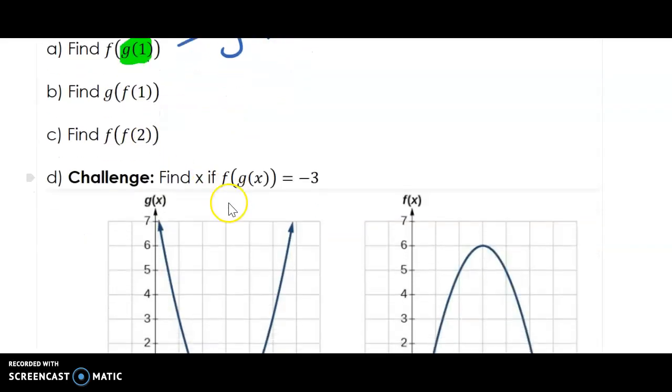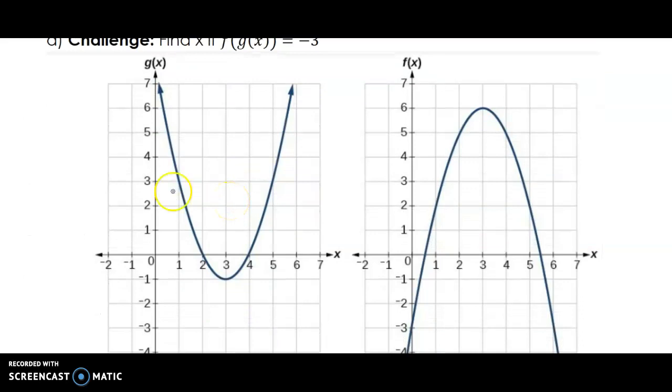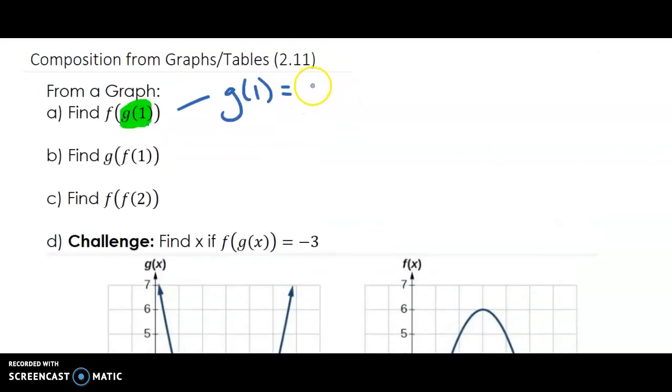And when I look down here at my graph of g, that means at an x value of 1, right? We practiced this in our do now. Where's our function defined? Well, it's defined at a y value of 3. So g of 1 is equal to 3. That means, again, we are now plugging in this output into our outer function. So f of 3.